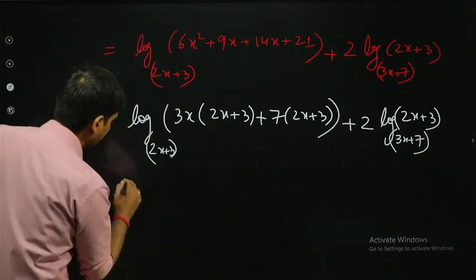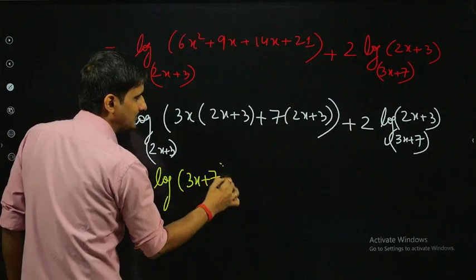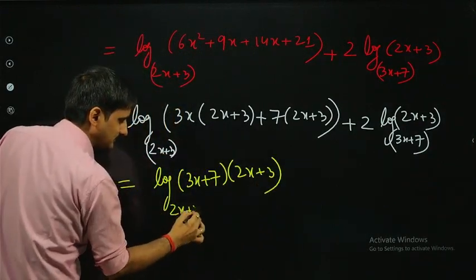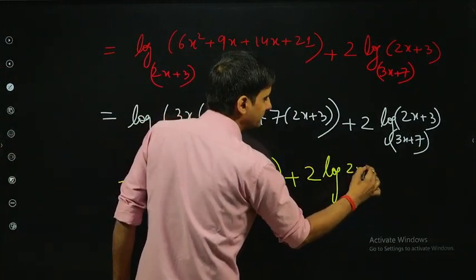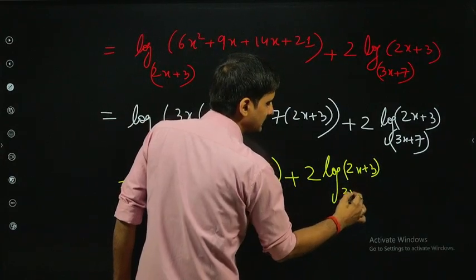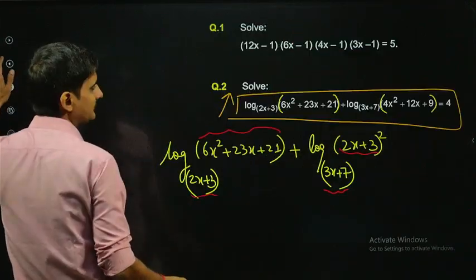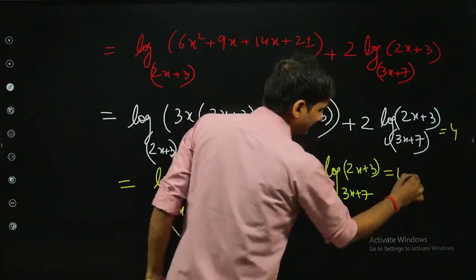So we got it, so we can write it as log of 3x plus 7 into 2x plus 3 to the base 2x plus 3, plus 2 times log of 2x plus 3 to the base 3x plus 7 is equal to, see I missed that, is equal to 4. So I should have written is equal to 4 here.